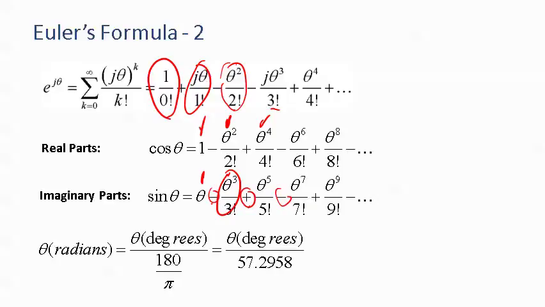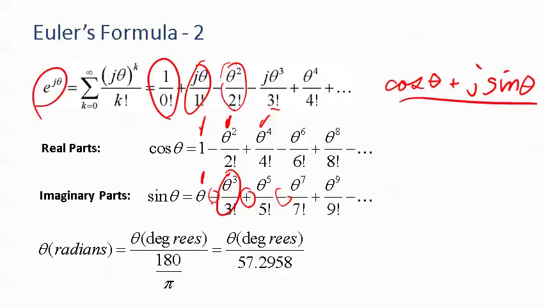And so that shows that this whole infinite series turns out to be cosine theta plus j sine theta. That's what we get from this. That's why we can use e to the j theta to represent this, cosine theta plus j sine theta.